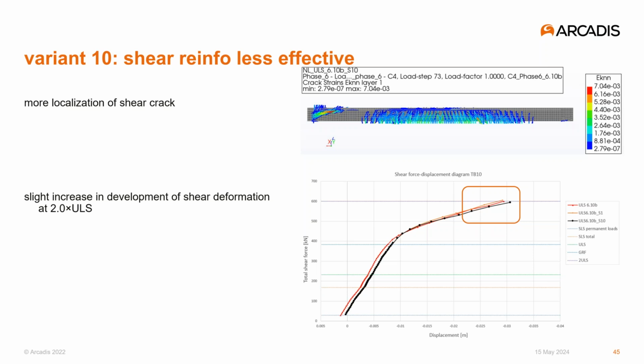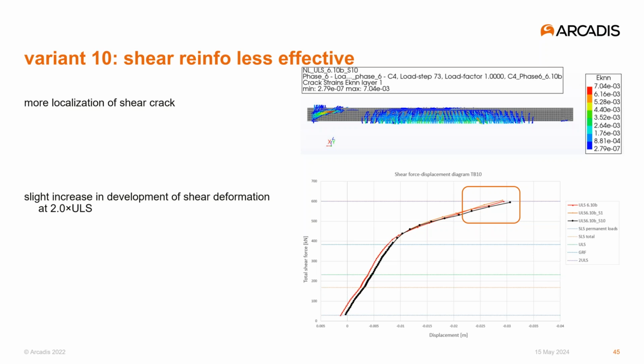The 10th variation finally had to do with the effectivity of the vertical reinforcement. We reduced the amount of reinforcement with a factor of 4, and at the end of the analysis, at the load level of twice the ultimate limit state loads, the shear crack appears to be more localized, which is logical as there is less reinforcement to close it.